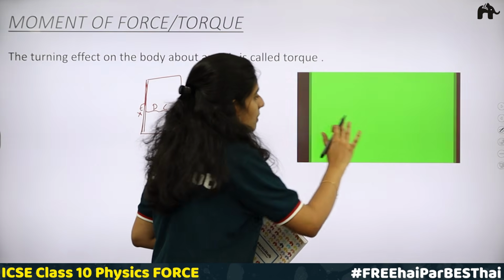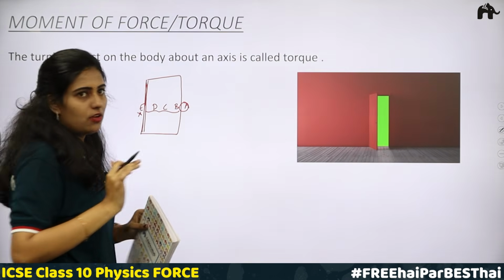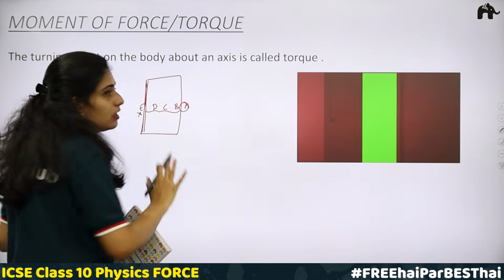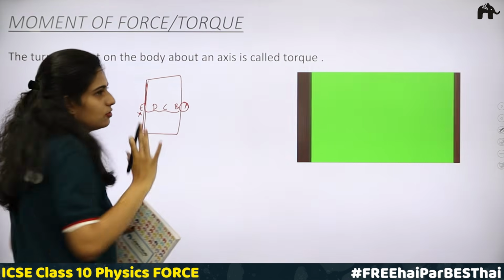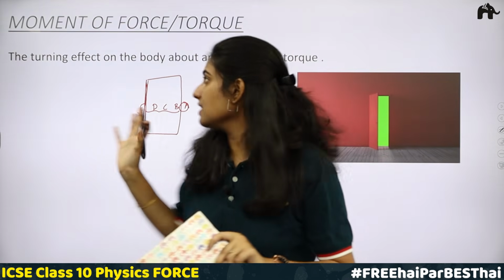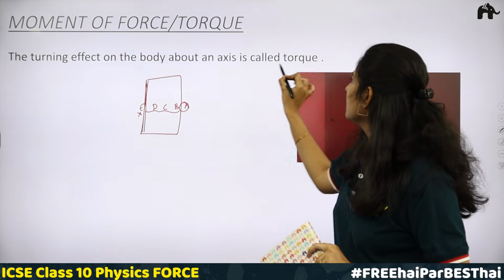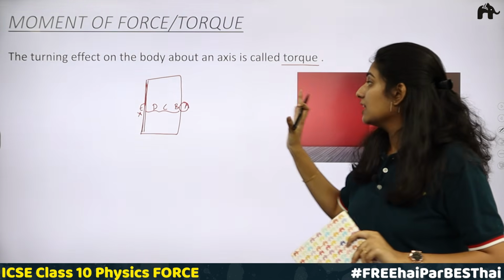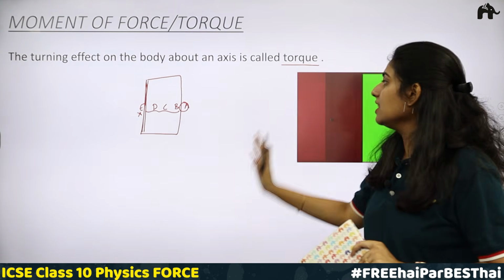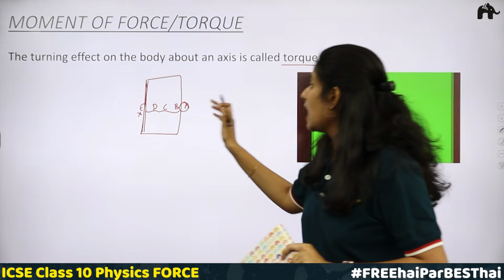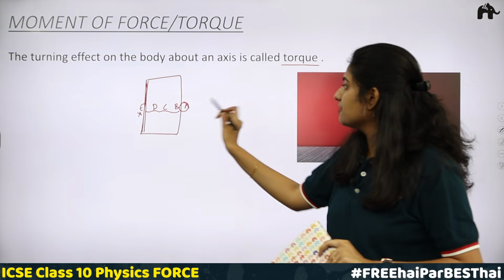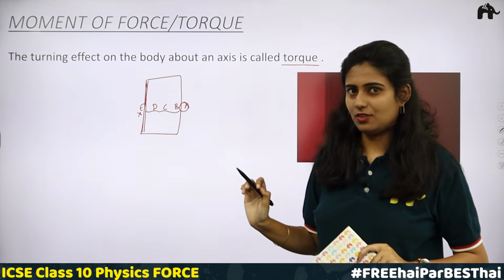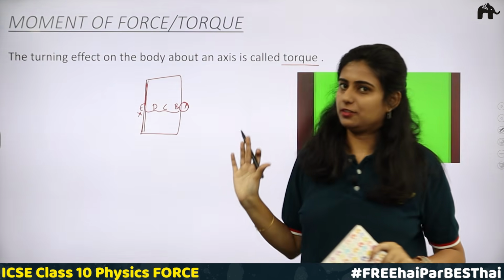But if you are applying force at somewhat a middle point, what happens? To open the door, you will have to apply more force. This is the reason. Understood? This turning effect is called torque. We understood one thing, that torque depends on the force applied and the distance of the application of force from the axis. Clear? From the pivoted point.